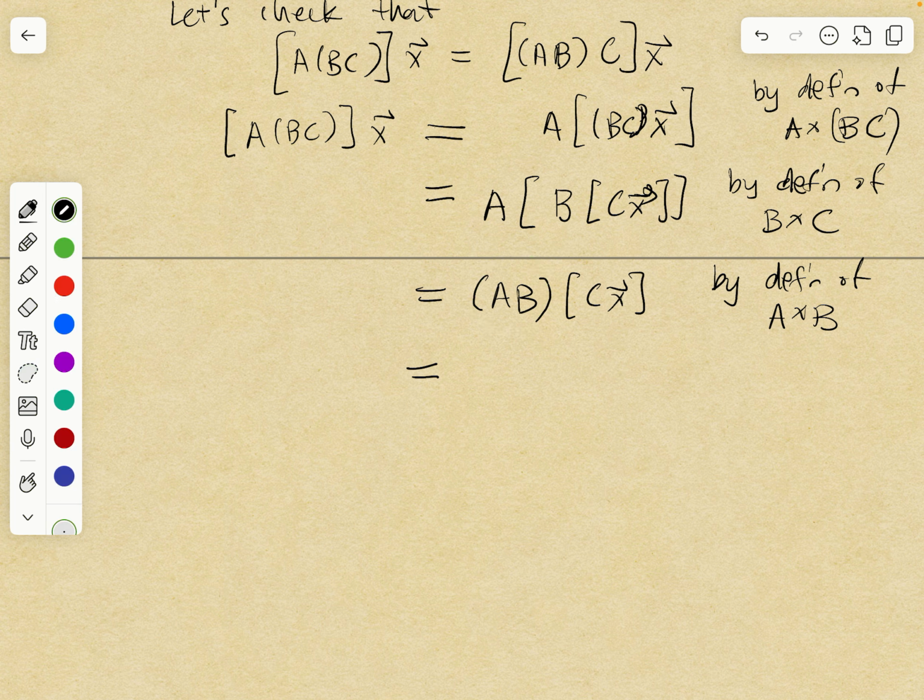So this, by definition of AB times C, is equal to ABC, this product of the two matrices, times x.